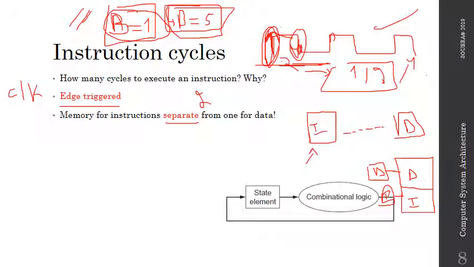So from the data path point of view, this is transparent to me. All I'm seeing is memory. However, from an implementation point of view, the actual data path is the cache, the representation of the memory using the cache.